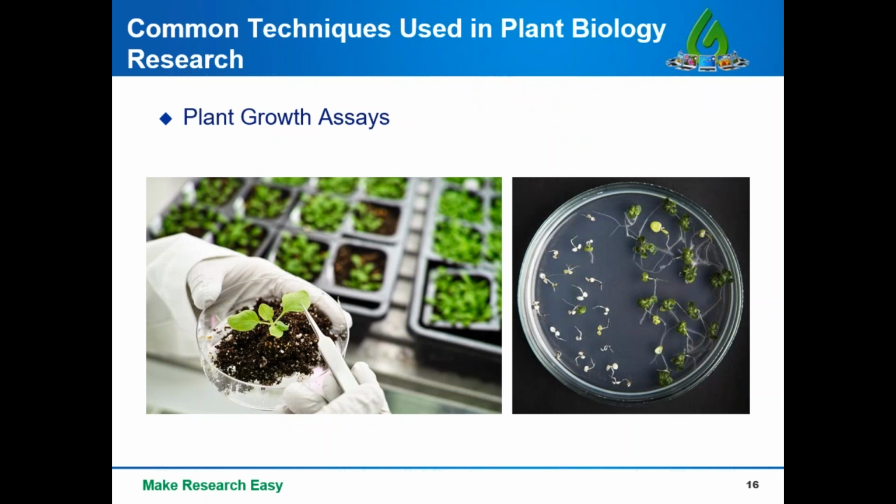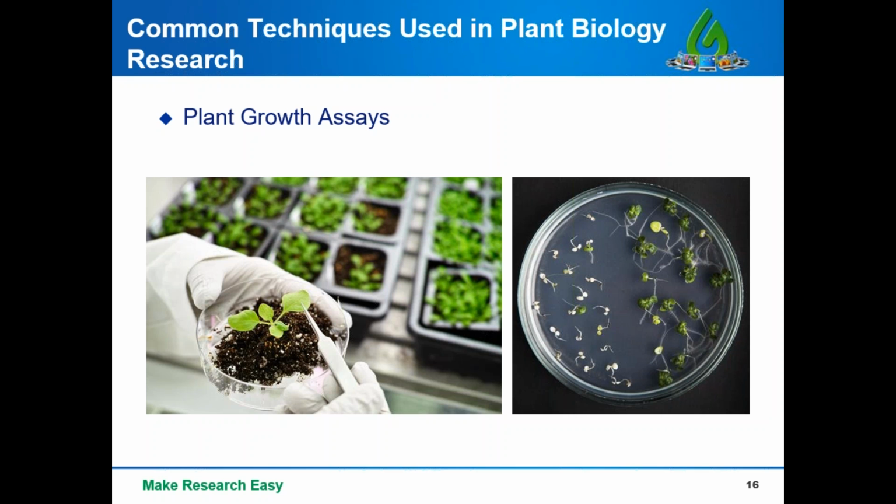Next, I want to go over a quick rundown of plant growth assays and some keys to remember when doing these. Plant growth assays refers to growing plants in steady conditions to look at any phenotypical differences you might see between wild type or between various transgenes relative to each other.